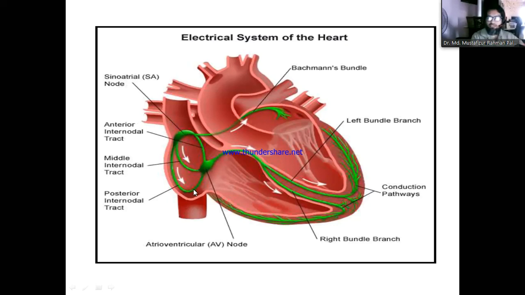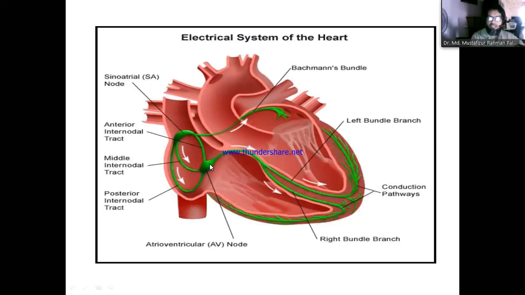When the atrium is full of blood, it fires signals that travel through the internodal pathways towards the AV node, and both atria contract. In the AV node there is a delay. The delay is due to the complete evacuation of blood from the atrium to the ventricle. This is known as the AV delay. These are very important functions for understanding the pacemaker.